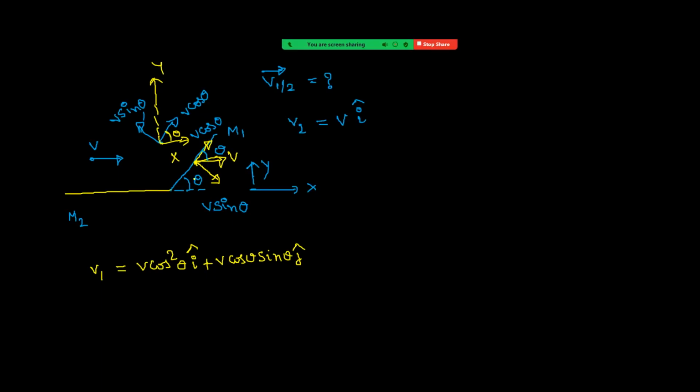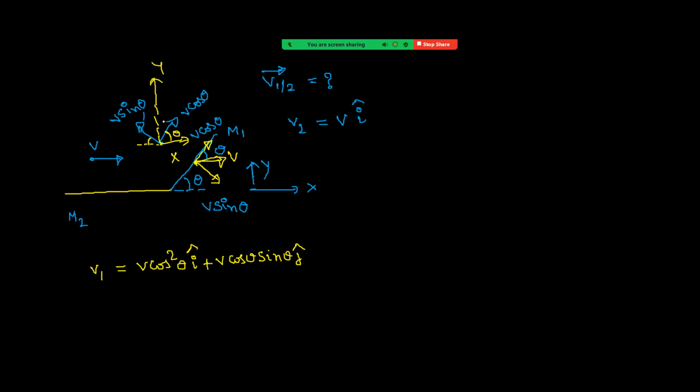Okay. Next, coming to v sin theta, we can see here, what is this angle? Let me cross check once. This is theta. This is 90 minus theta. We know that v cos theta and v sin theta are mutually perpendicular.